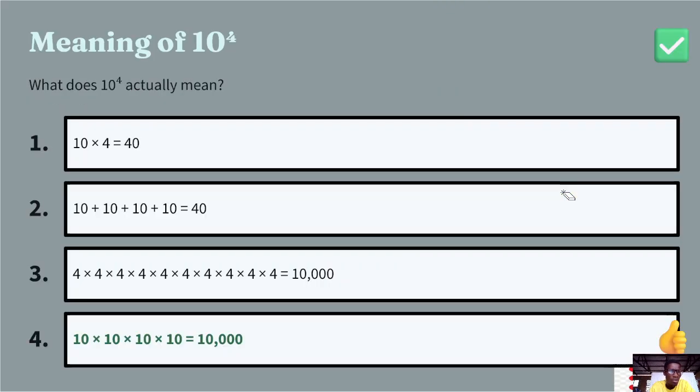Okay, so let's move on to look at how to apply this in our daily life. So now that we understand exponents and powers of 10, let's practice applying them to real life situations.